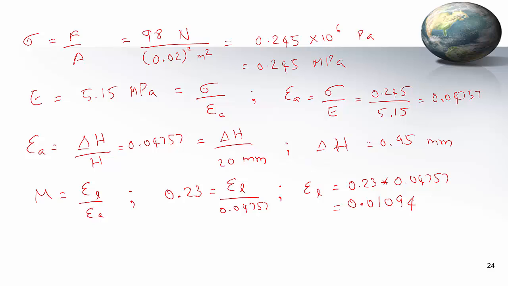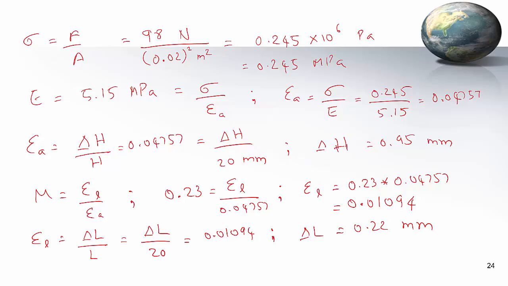Okay, so lateral strain is equal to delta L by L, in the lateral direction, which is delta L by 20, equal to 0.01094. Therefore, delta L equals 0.22 millimeter.